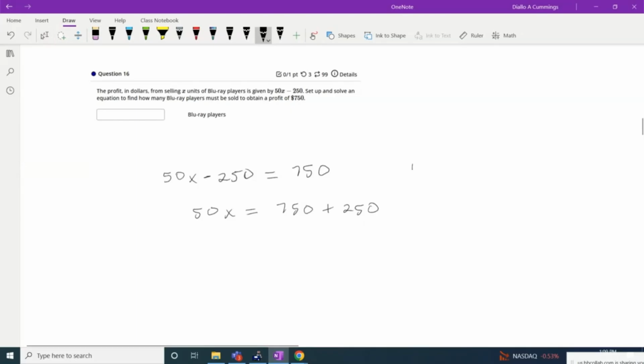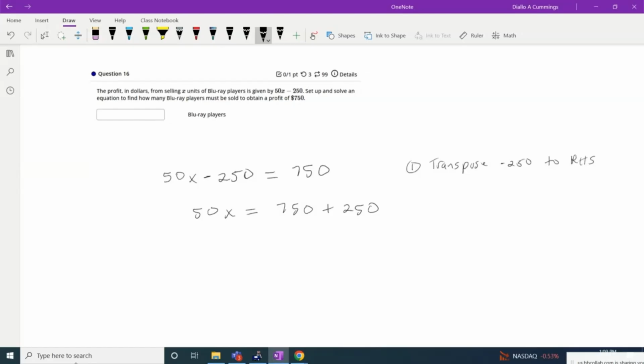So let me write some steps. So the first thing I did was transpose negative 250 to the right-hand side. So that's simply when I move it across the equal sign, it just simply makes it positive.